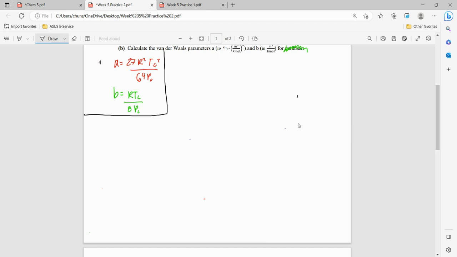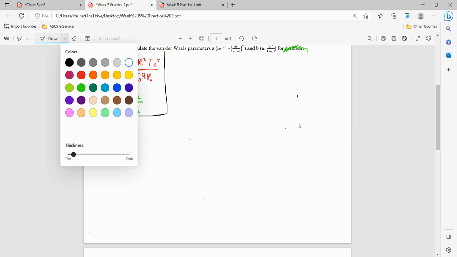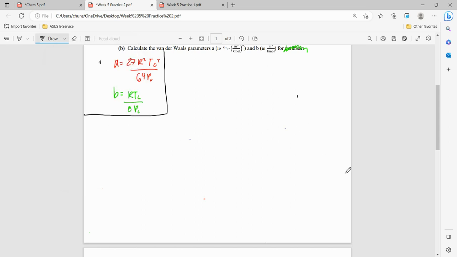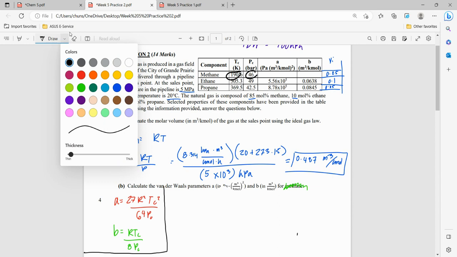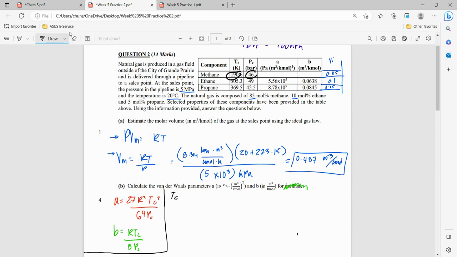So right now we are only working with our methane, only doing methane. Critical temperature, 190.6. Critical pressure is 46 bars, which equals pascals.